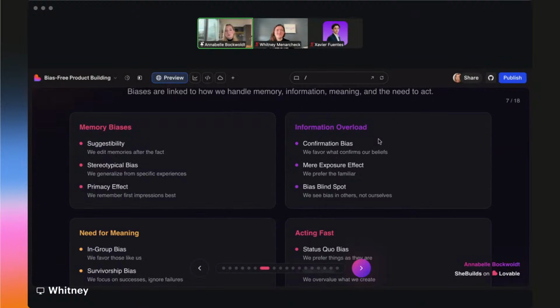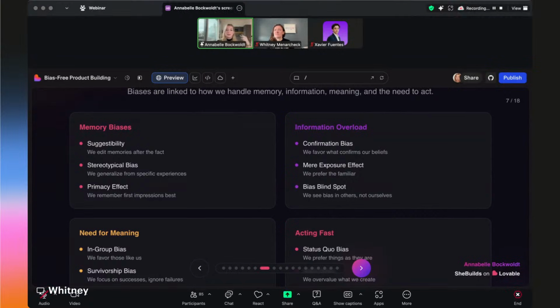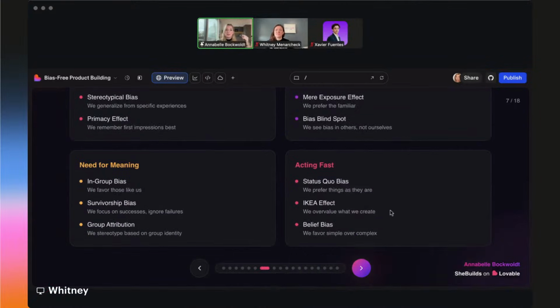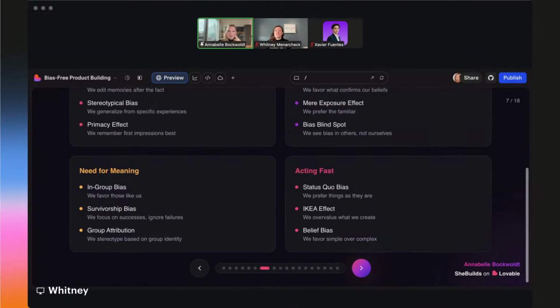And let's say for information overload, many of you might be familiar with the confirmation bias, for example. We have one assumption, and we have the tendency then to look for facts that will confirm our assumption and prove us right. And another example is the IKEA effect, which is about if we have built something, we give it more value than maybe something that hasn't been built by us, or has been built by another team, for example.